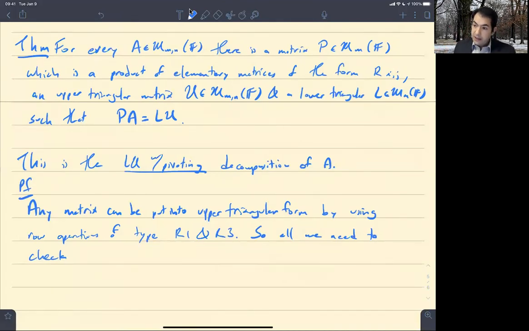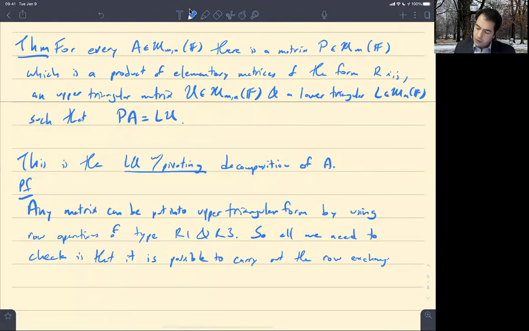So all we need to check is that it is possible to carry out the row exchanges first, and then the row operations of type 1.